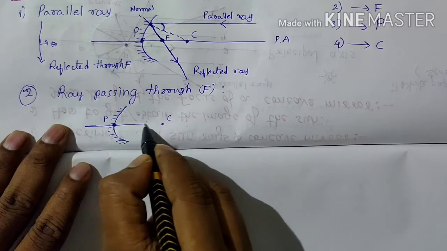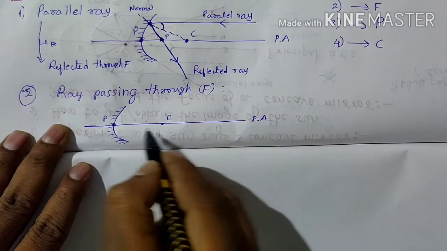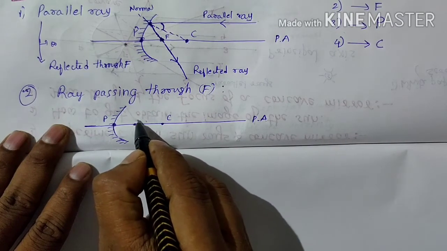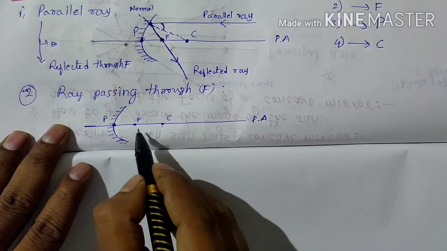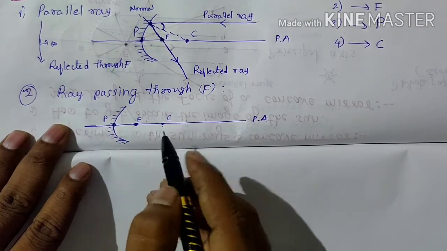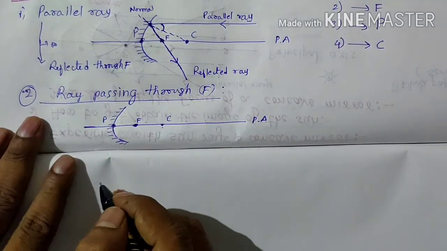The line passing through pole and center of curvature is the principal axis, and this is the point where we have to draw the focus. The midpoint of pole and center of curvature is the focus. Which ray are we taking here? The ray passing through focus.